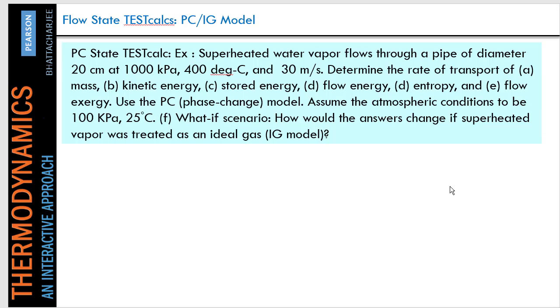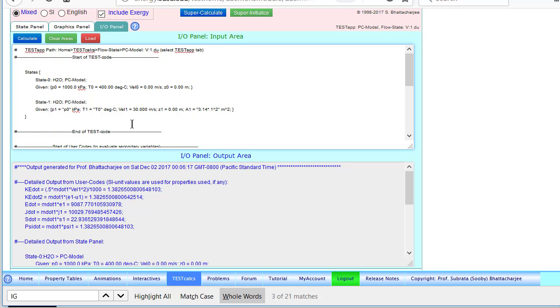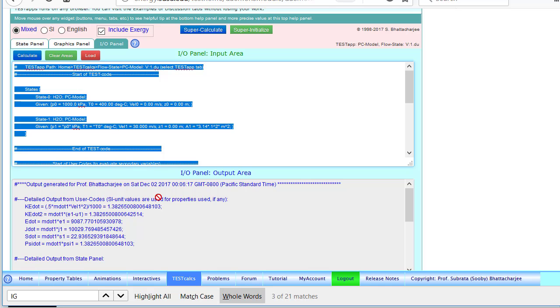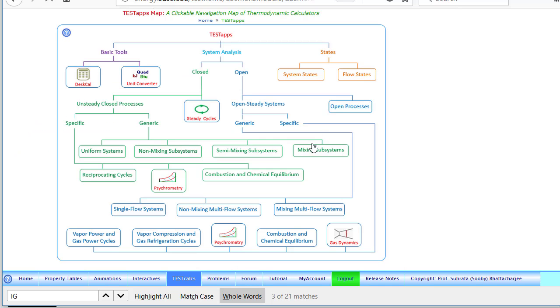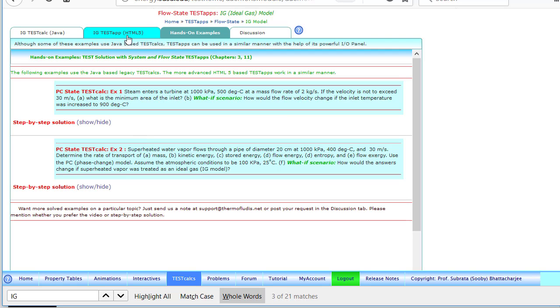The next part asks how the answers would change if the steam was treated as an ideal gas rather than the PC model. So we will hit super calculate from our PC model, and it'll generate some test code up here. And we can just hit Control A, Control C to copy it, and then go to flow states, and then the IG model for ideal gas.